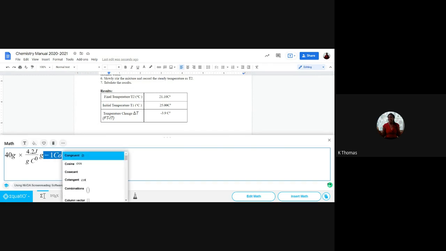So that is what it means. Per means I have 4.2 joules divided by that. Now I'm going to be timesing that by my heat change, which was negative 3.9 degrees Celsius too.